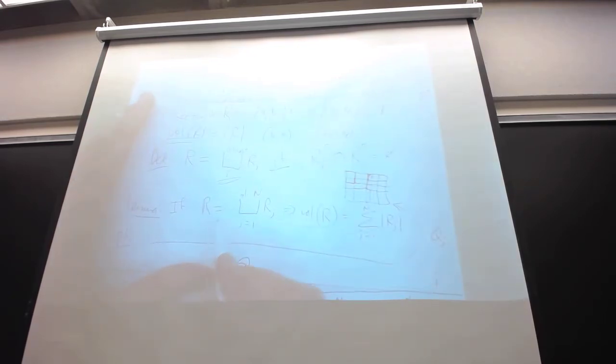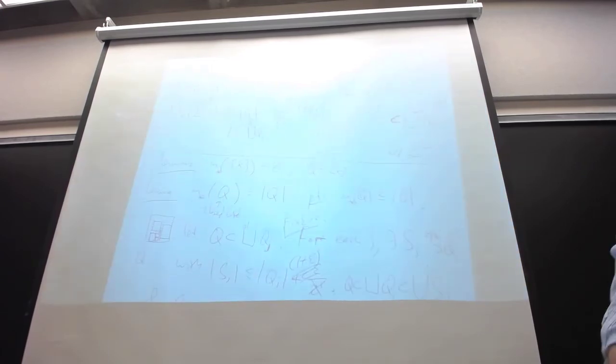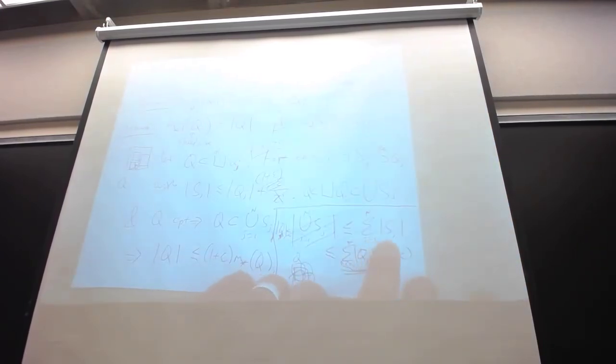Well, I had another lemma that I wanted to say, which was that if R is contained in a union of rectangles, then its length is at most the sum of those lengths. And the argument is exactly the same. So why did I want finiteness here?